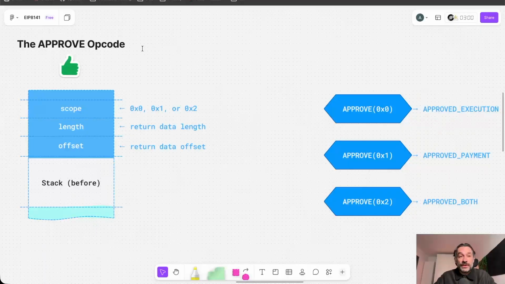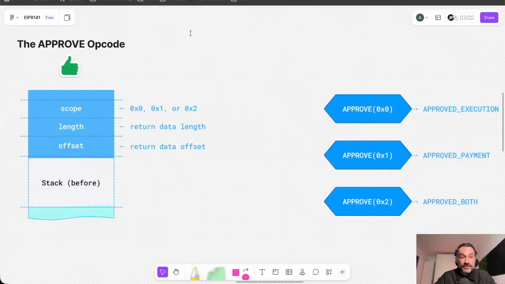Rule 2 is each type of approval can happen exactly once. So a second execution approval means a frame revert, or a second payment approval means a frame revert. So if in the first frame with mode verify, we approved, for example, with value 2, the scope is 2, so it's approving the sender, approved execution and approved payment.